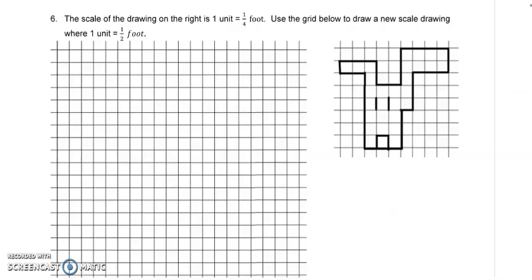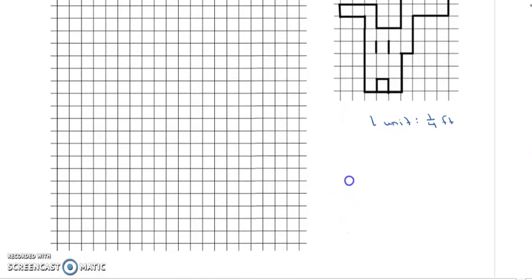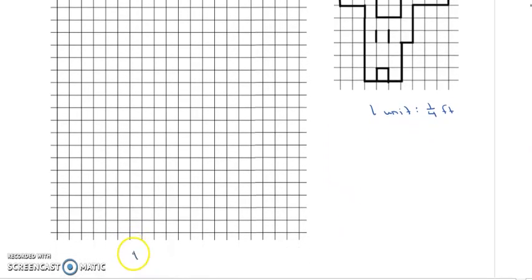And as we look at number 6, it says the scale drawing on the right is 1 unit to 1/4 of a foot. And then on the one to the left, we want to do 1 unit to 1/2 of a foot. Now, it's sometimes a little bit hard to tell when we have that fraction in there, is it going to be an enlarging or reducing scale factor?